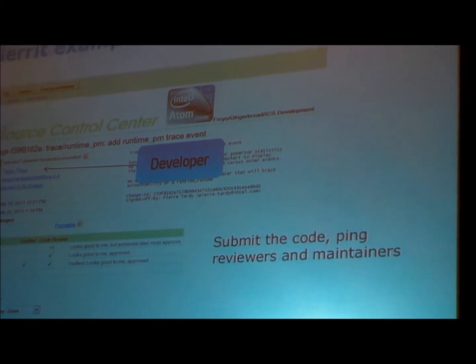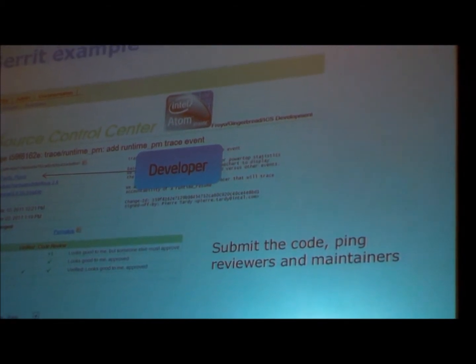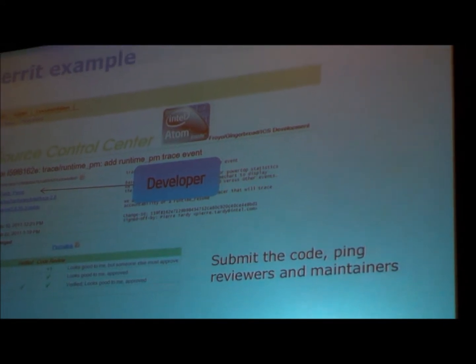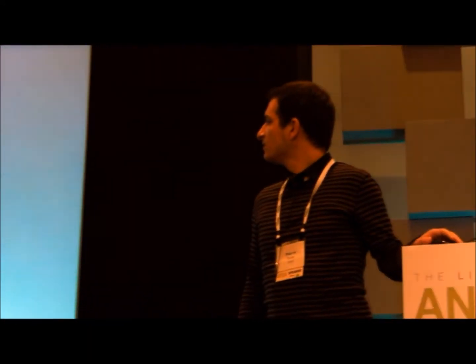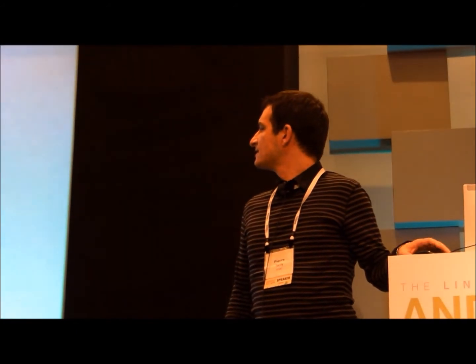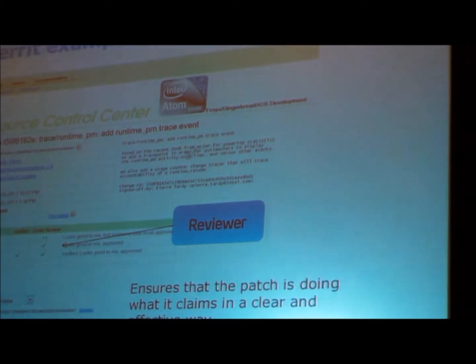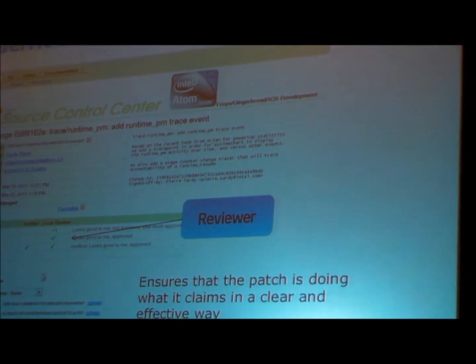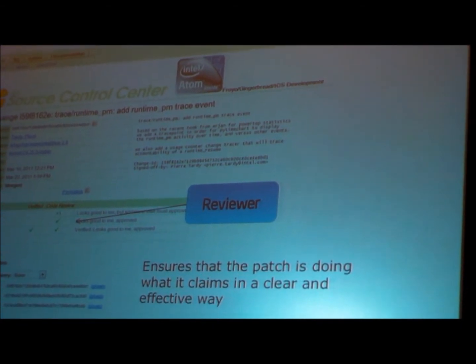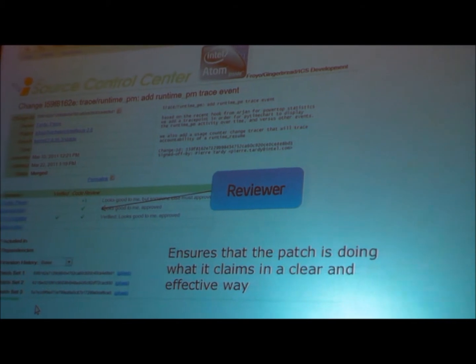Okay. So basically, you send a patch, you have this page. This is the developer, and you have the reviewer that is ensuring that the patch is doing what it claims. Here you can see what the developer thinks that he's doing, and after that you have the patch set, so you know what the developer is really doing.